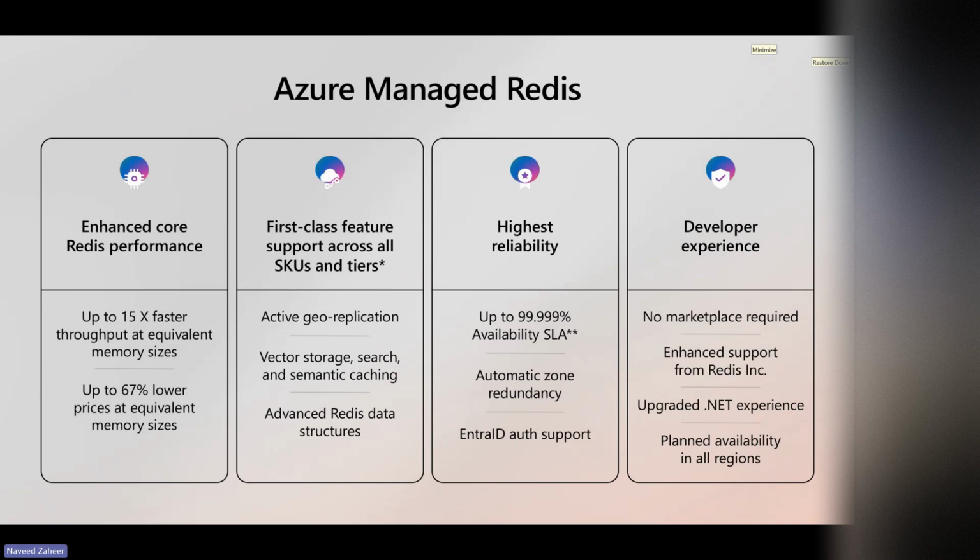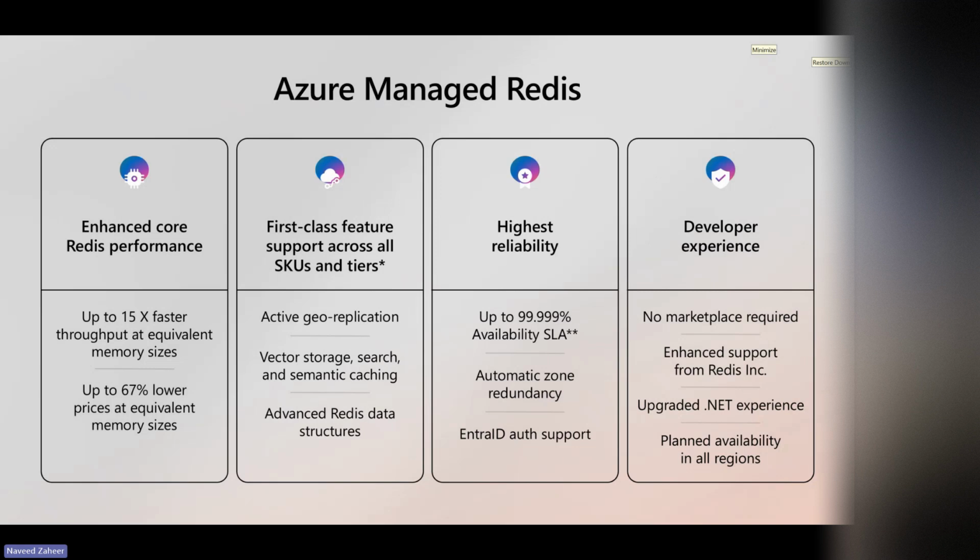When we talk about enterprise, what are some of the advantages? One thing is that for the same SKU, you may get up to 67% cost savings for the same memory size. Number two, the throughput can be up to 15 times faster for the same memory size.